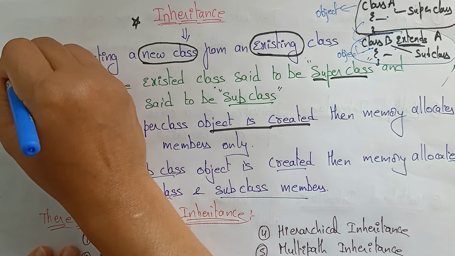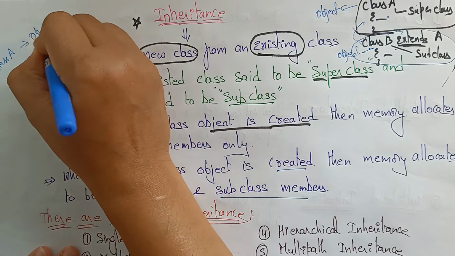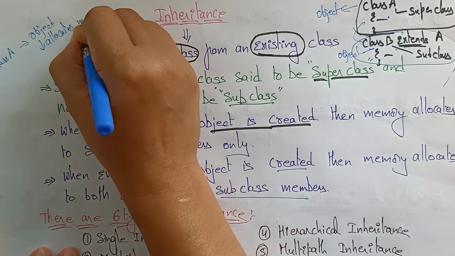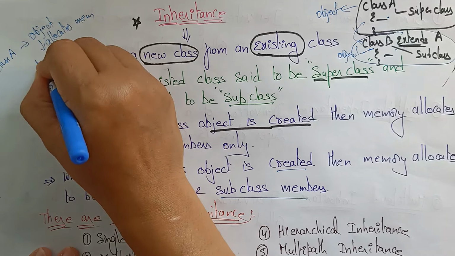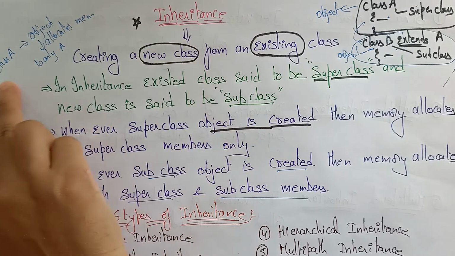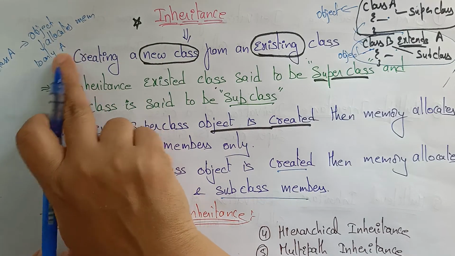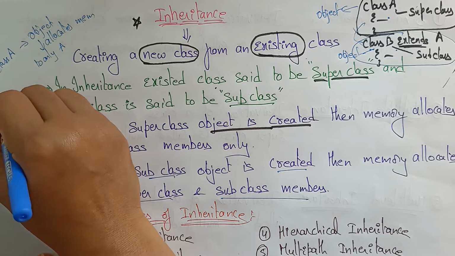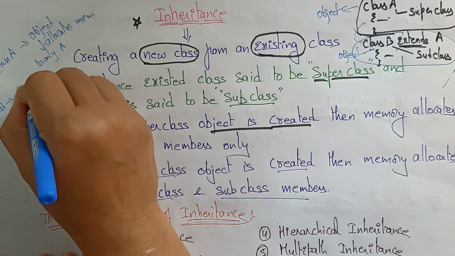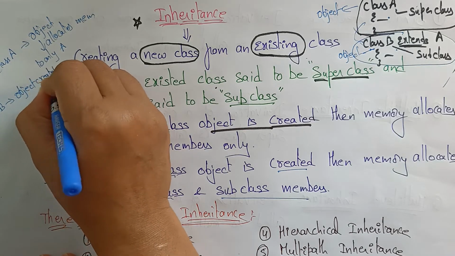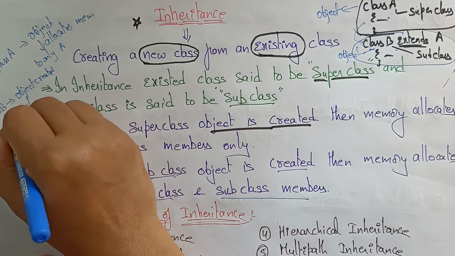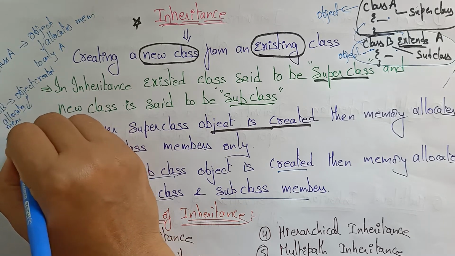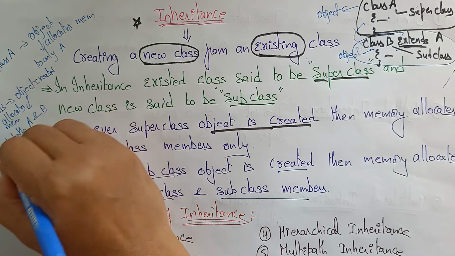I am writing here: when a class A object is created, memory is allocated only to class A. Suppose a class B object is created, then memory is allocated to both the superclass as well as the subclass.